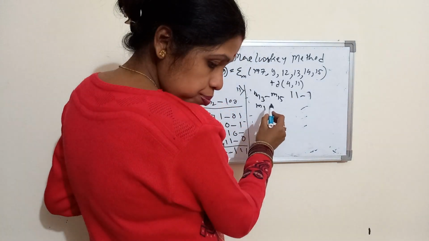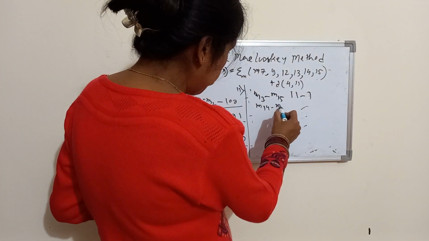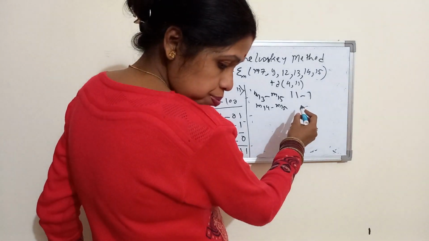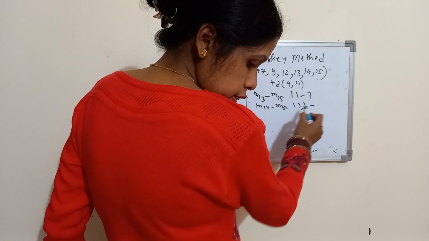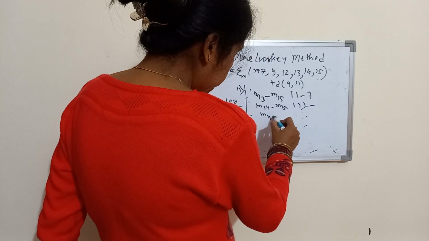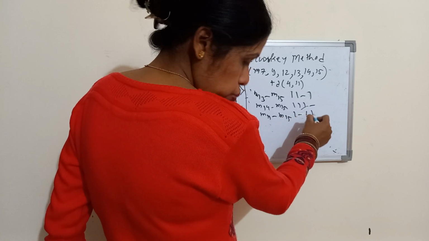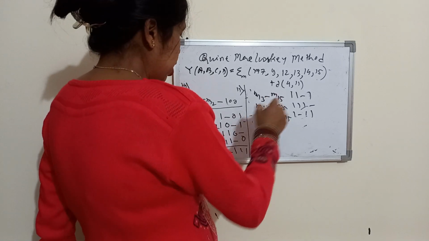Then M14, M11. I skipped some groups, I think. So this will be triple one dash, and M11, M15, 1 dash 1 1. So this is the entire thing.